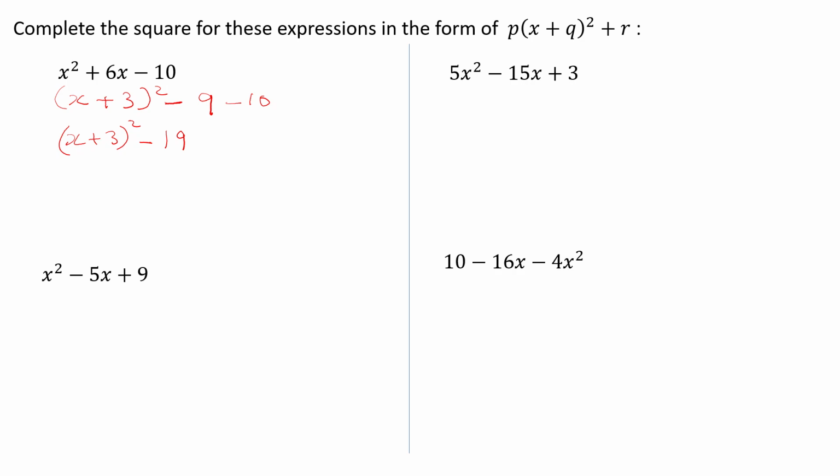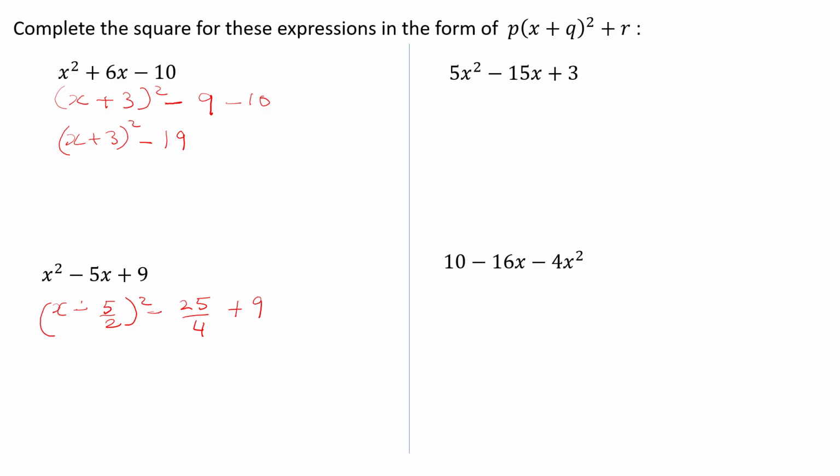Next one, x squared minus 5x plus 9. So x minus half of the coefficient of x, which is 5 over 2, squared. Then take away 5 over 2 squared, which is 25 over 4, plus 9.